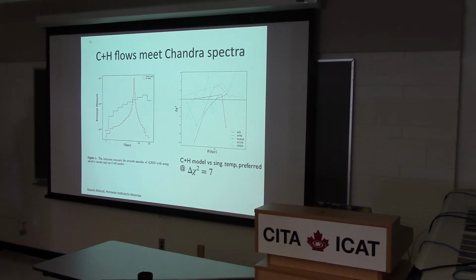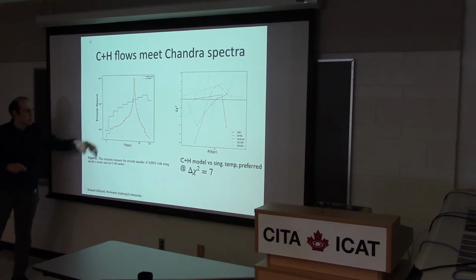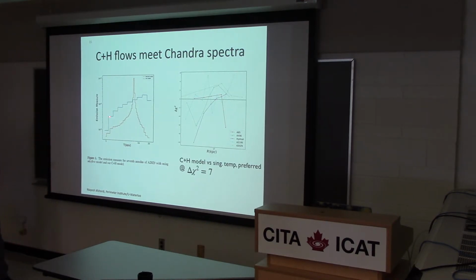But in the grand scheme of things, in your model, the majority of the cooling mass is still cooling. Yes. In some regions you get heating, but most of it just keeps going down. Right, exactly. But the point is how much of it is cooling. There is less of it cooling than you would get from the cooling flow model, because you're fitting this to the data, and this much is cooling instead of this much.